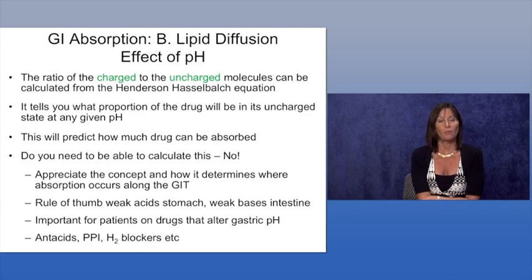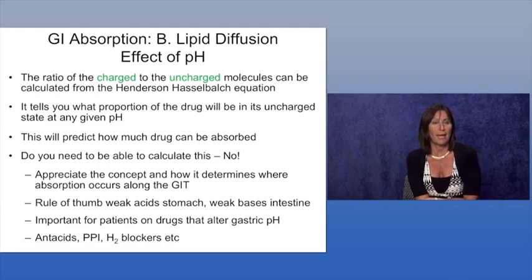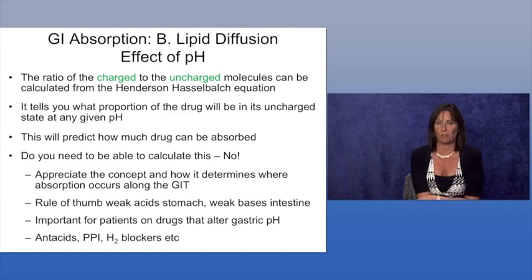There is a very sophisticated calculation that can be completed for any individual drug. However, at this stage, we don't need you to be able to calculate it, but we do want you to be able to appreciate the concept of how charged molecules can alter the absorption profile for that individual drug, and how this can determine where absorption occurs along the GI tract.